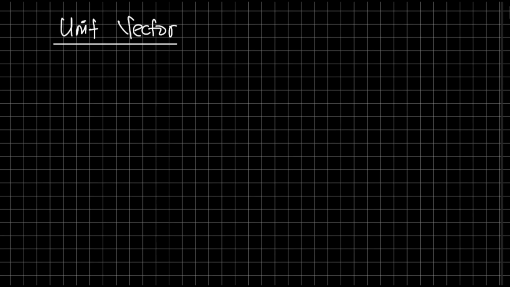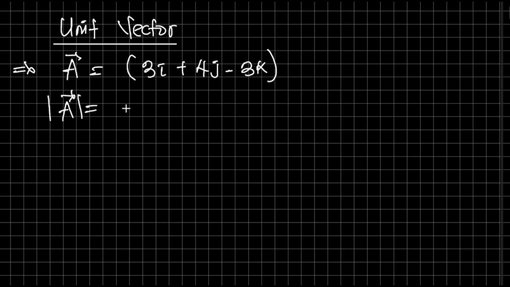If we have vector A equals 3i plus 4j minus 3k, we can find the modulus of this vector, the absolute value of A, as the square root of 3 squared plus 4 squared plus minus 3 squared, right?